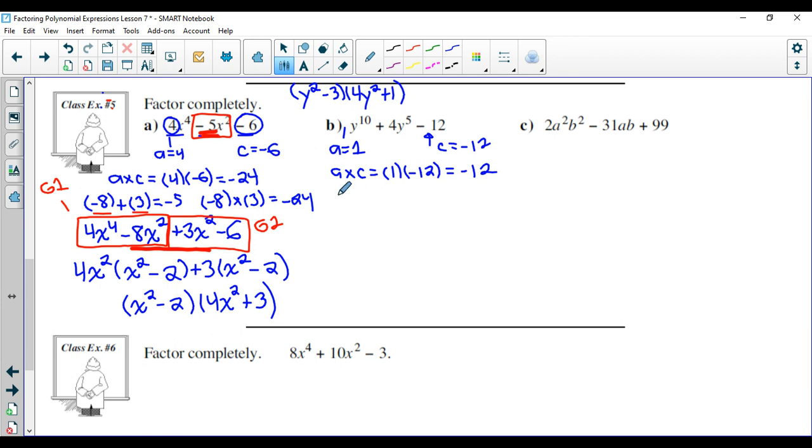Okay, we can check that. So positive 6 plus negative 2 would be positive 4. And then positive 6 times negative 2 would be negative 12. Okay, so we're going to break the middle term down, the positive 4, into the sum of 6 and negative 2.